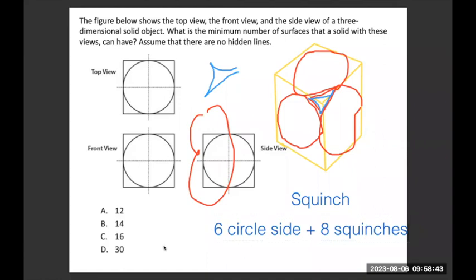Hence, the correct answer is 14, which is option B.